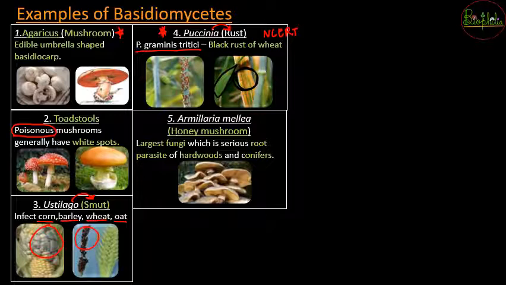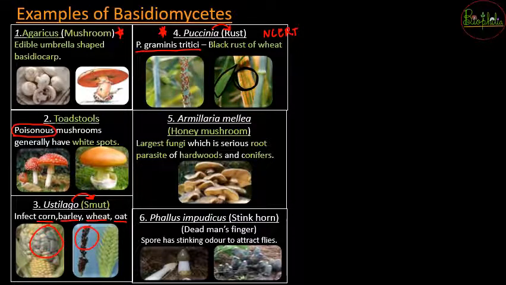So you can see the photograph of honey mushrooms. Next example is going to be the dead man's finger. Dead man's finger is also called stinkhorn. It is going to be a Basidiomycetes which is called stinkhorn, because when you go near these mushrooms they have a stinking odor, and because of that foul odor it is going to attract flies for pollination or some other reasons, and that is why it is called stinkhorn.